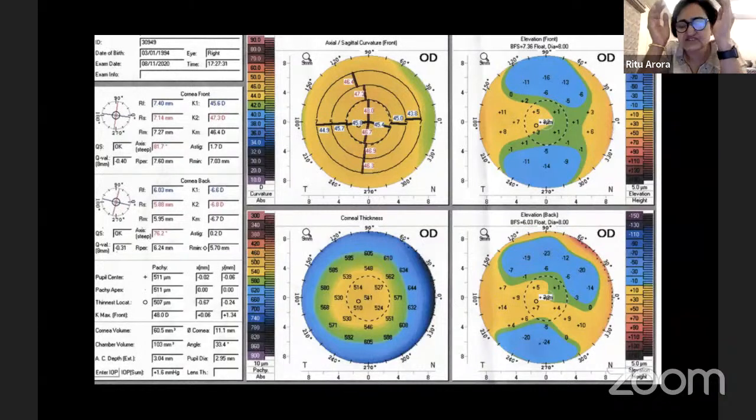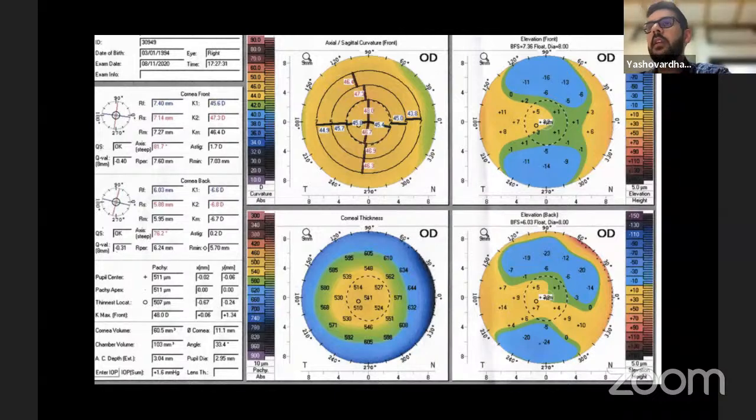I always tell my PGs, if you see an elevation map like this on the front, top right, depression blue like this and central, suppose it was a little more green, what do you infer out of that? What kind of a meridian are you getting over there?